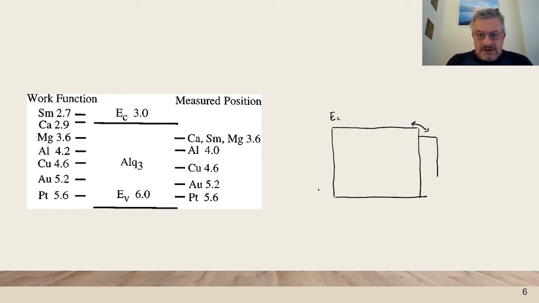And the same thing happens to the whole transport level, that we need here a good energy match, so that we will have materials with a low work function for good contact to electrons, and materials with a larger work function for a good contact to holes.